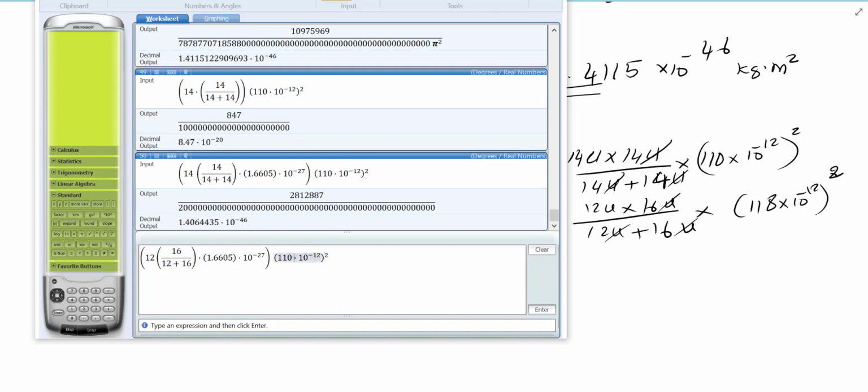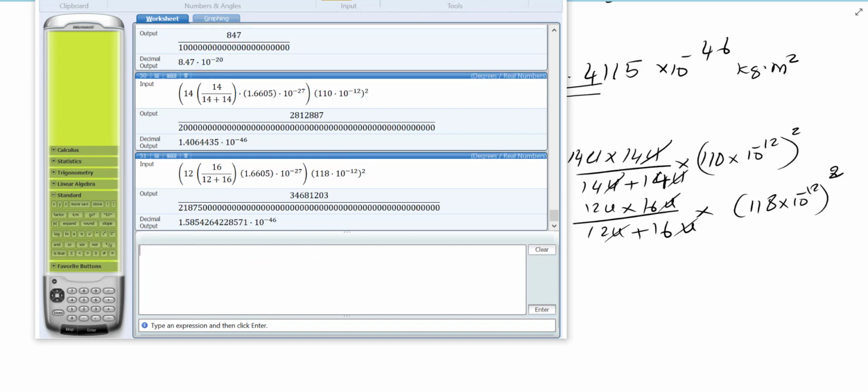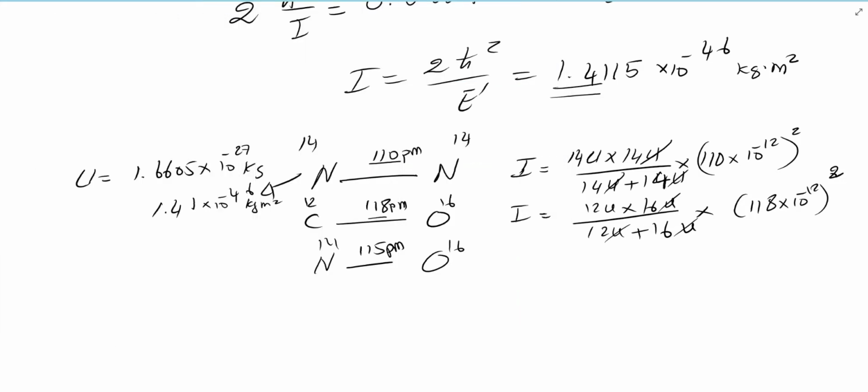The separation between them is 118. So this is actually 159. So this is not CO for sure. 1.59 times 10 to the negative 46 kilogram meter squared. How about NO?